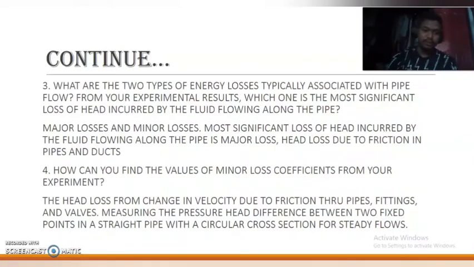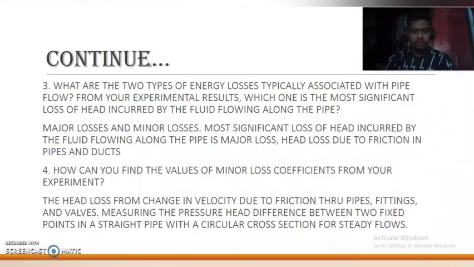For the question, how can you find the value of the minor loss coefficient from the experiment? For this question, the minor loss coefficient is the change of velocity due to friction in the pipe fittings.